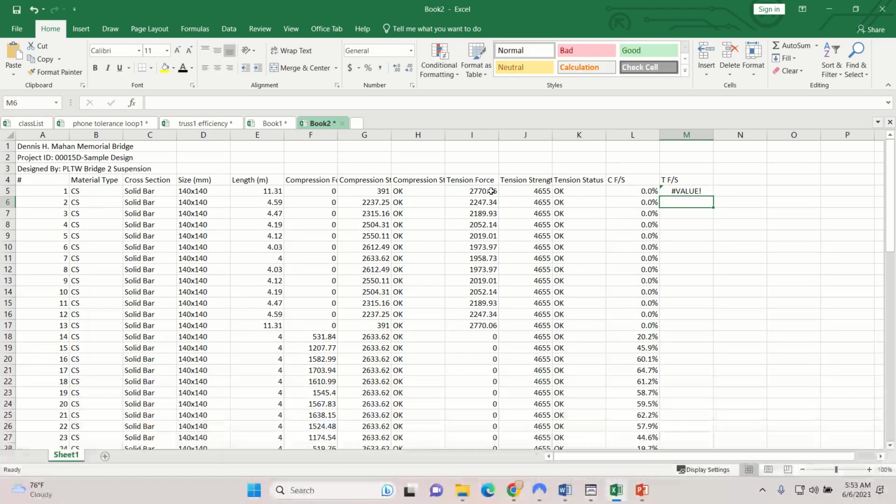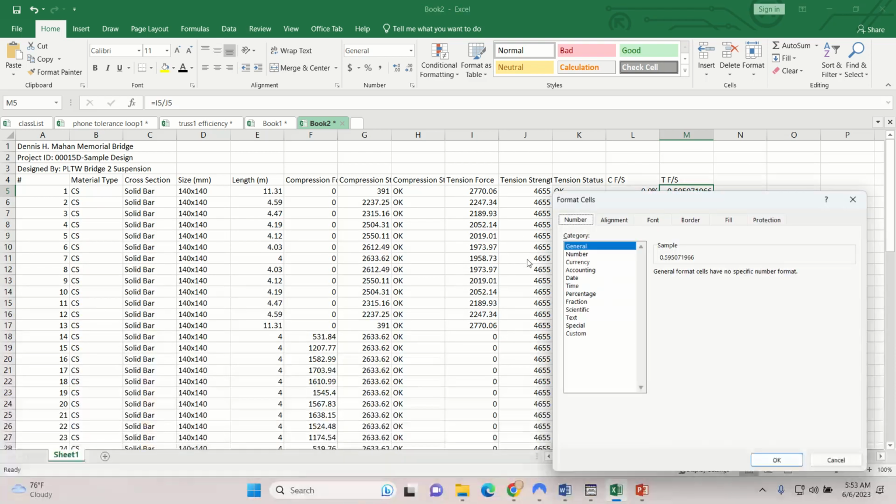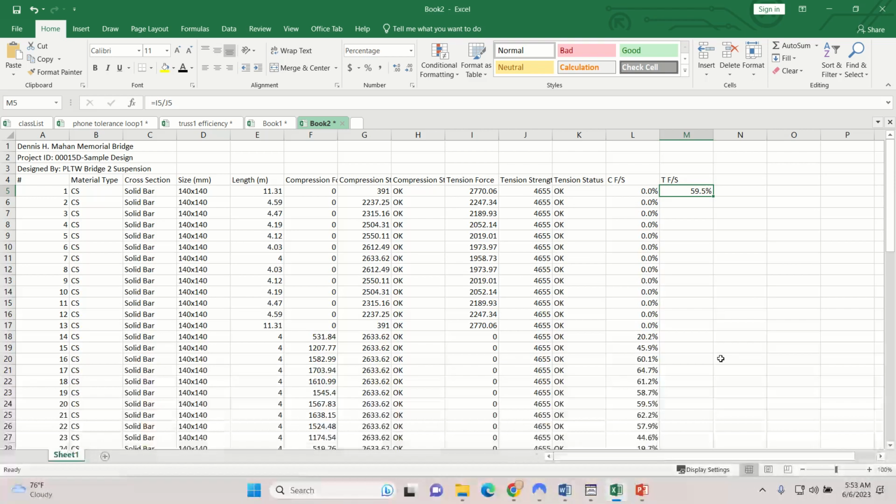Whoops, what's wrong with that? Try that again. Equals, I want this number divided by this number, and enter. There we go. And right click, format, percent.